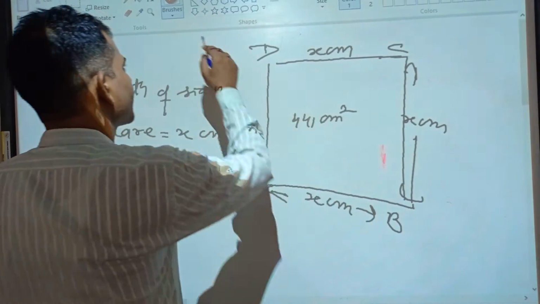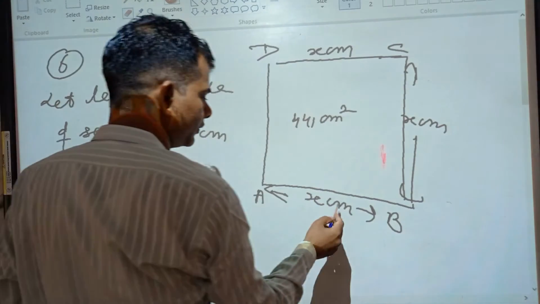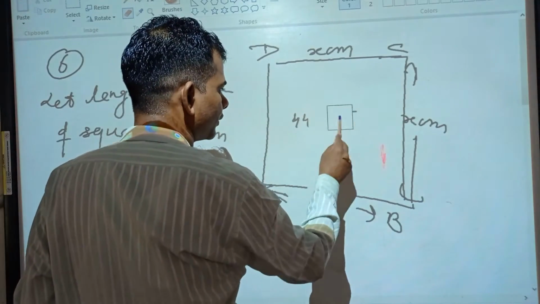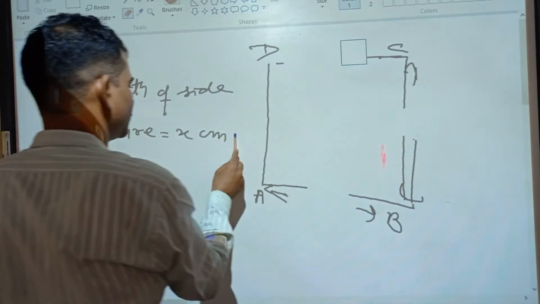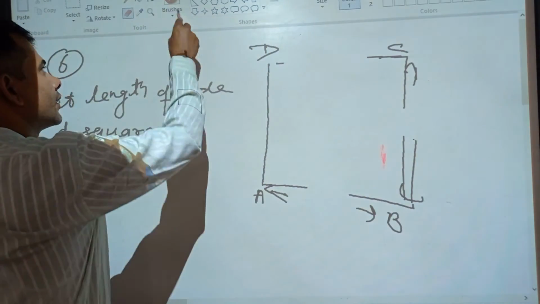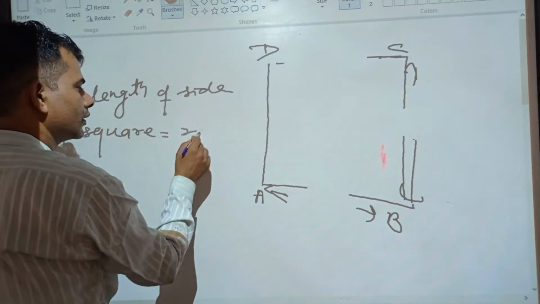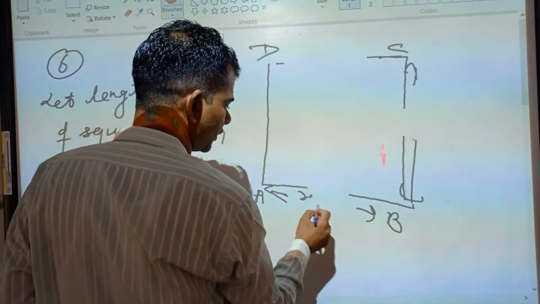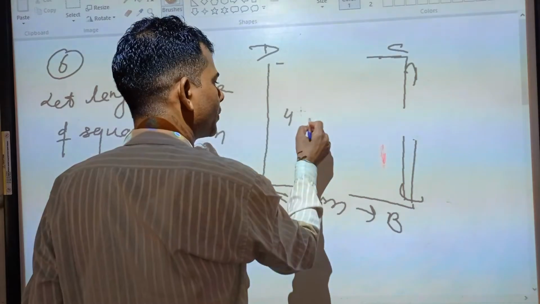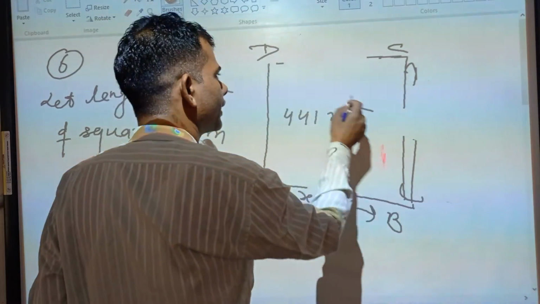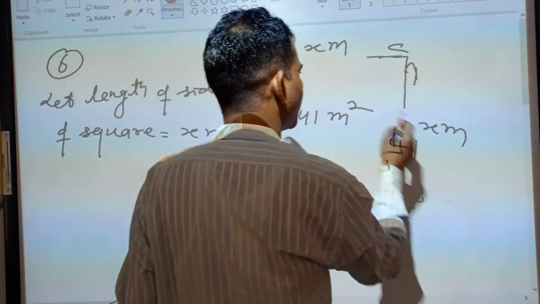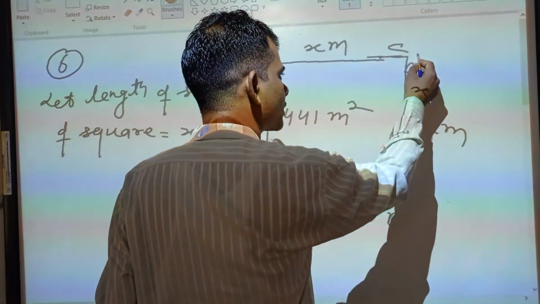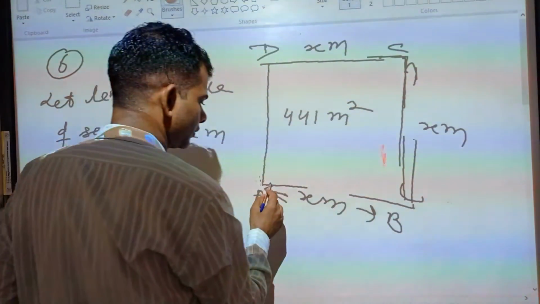Please change it and write in meters. It is your x meter, and 441 meter square. This is also your x meter. Now clear? Yes, sir.